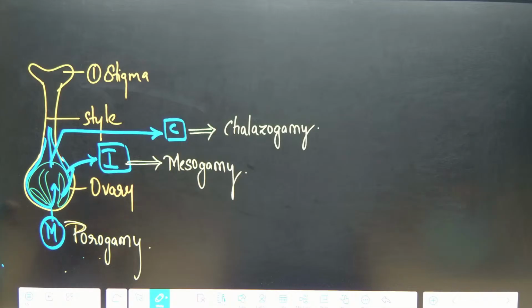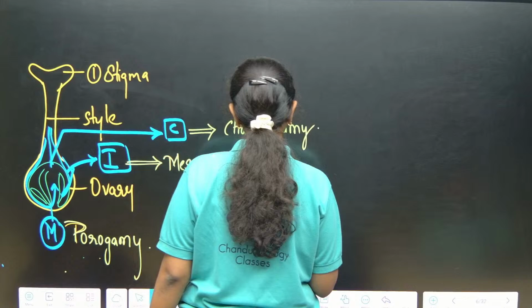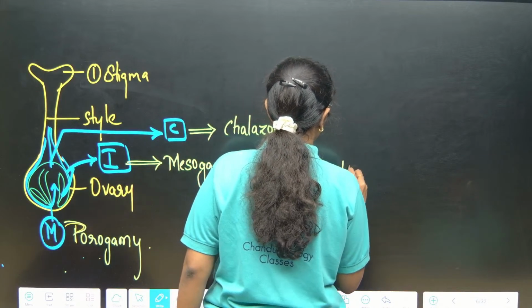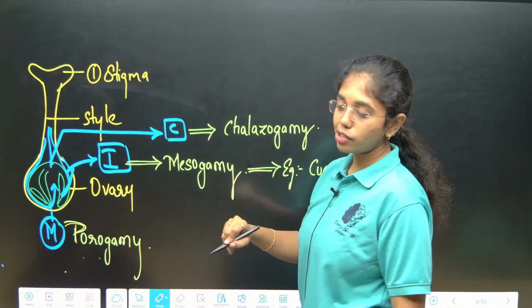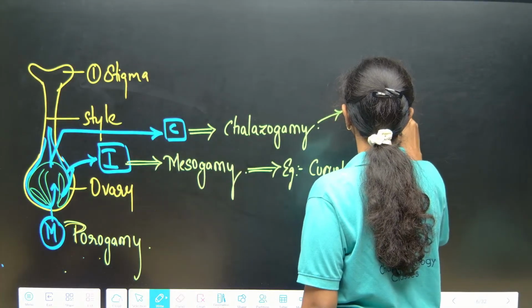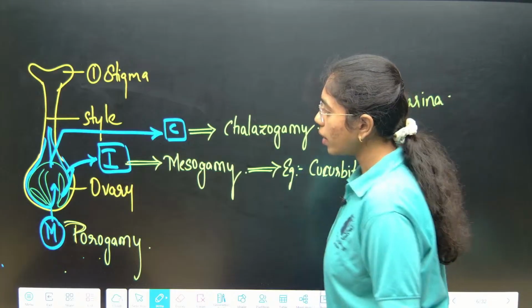So in most of the angiosperms, it is through the micropylar end only, and that is porogamy. In a few it is mesogamy, I told you, no. Example, you can take down cucurbits. Most important, okay. And then for chalazogamy, the example you can take is casuarina.